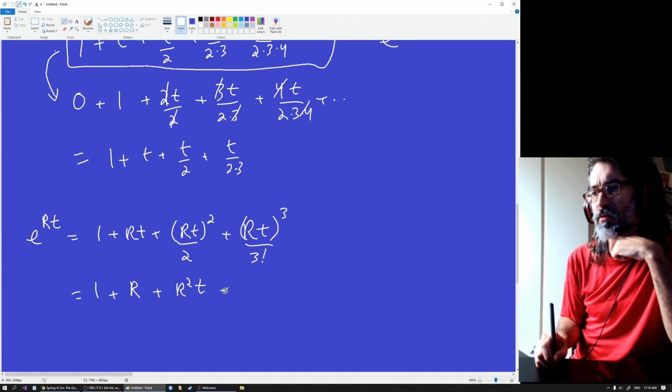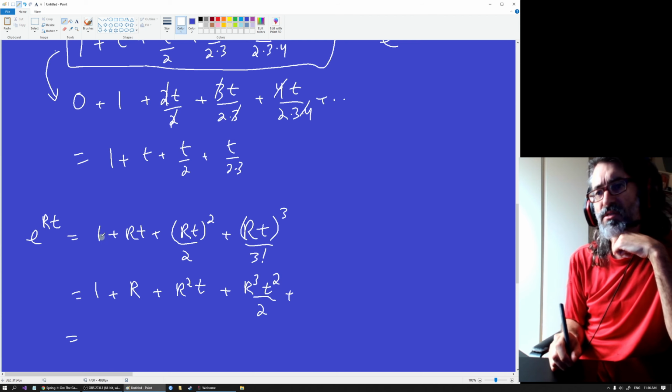And now plus the same thing here, r^3 t^2 over 2. So what do we have here? What we can do with this is, this was not a 1, this was a 0.